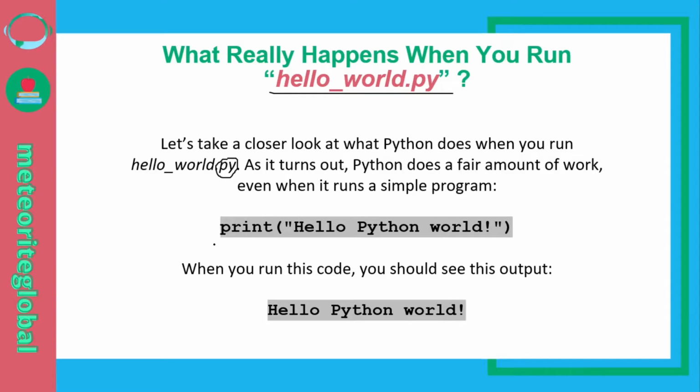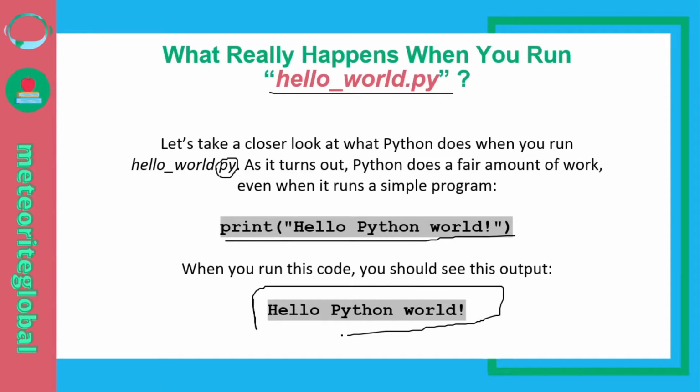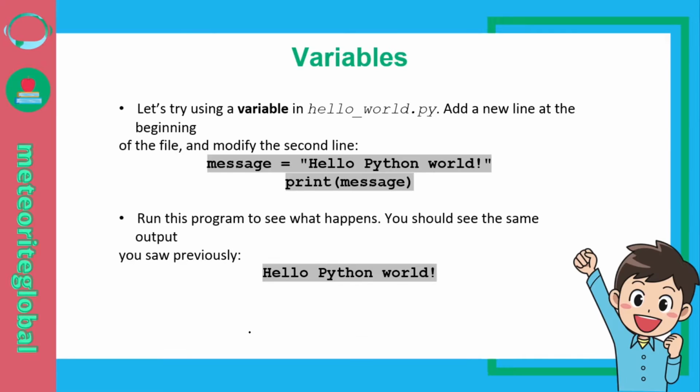So when you print hello Python world, it should give you an output something like this. That's awesome. I think you've seen this many times. The basic thing to do when you are learning a language is to have a hello world or hello Python world file, because this is the base of learning that language. Awesome. Now let's get to the topic.